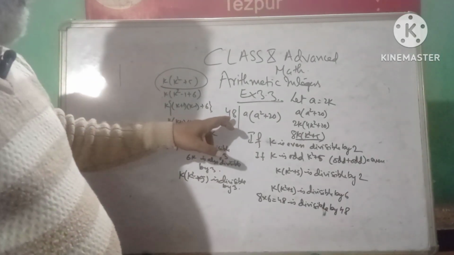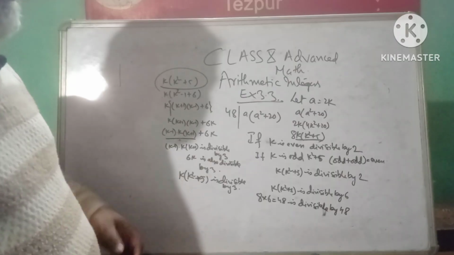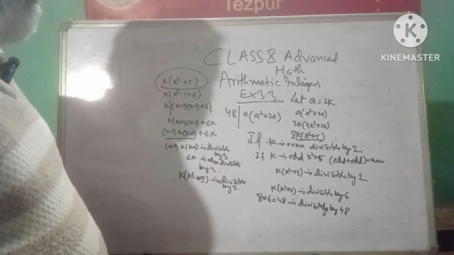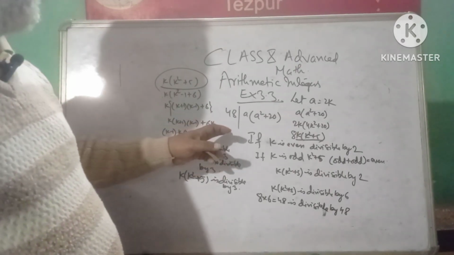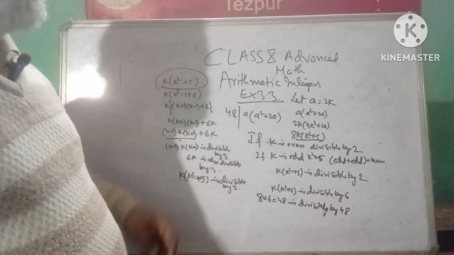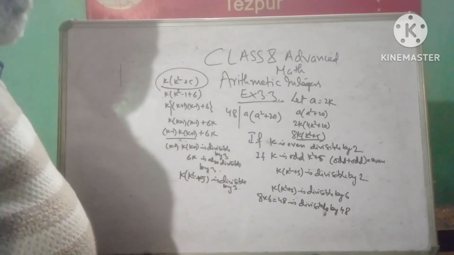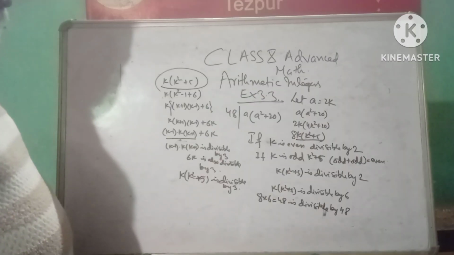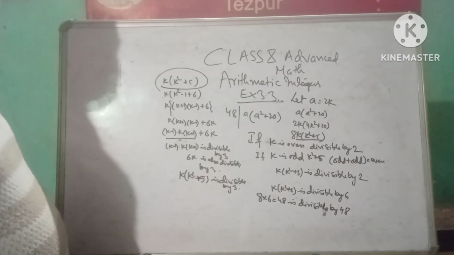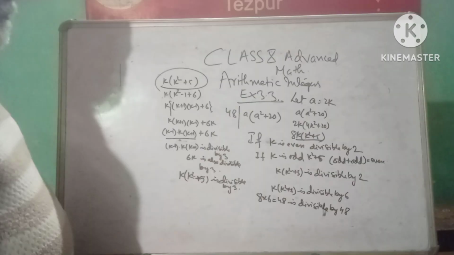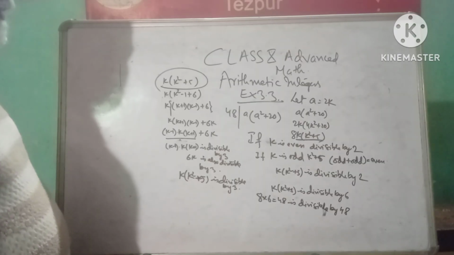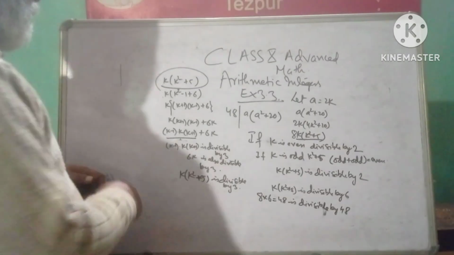So this is a little bit easier because what most of the students used to do is we split 48 into two factors such that their GCD is 1. That means you factorize it, 48 to 24 to 12 to 6 to 3.